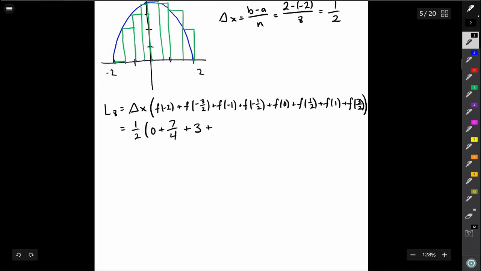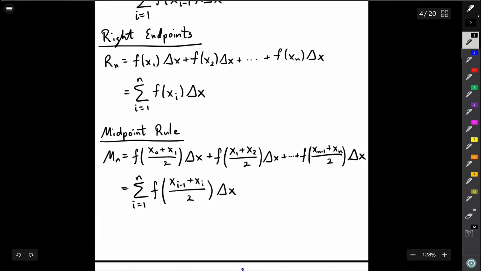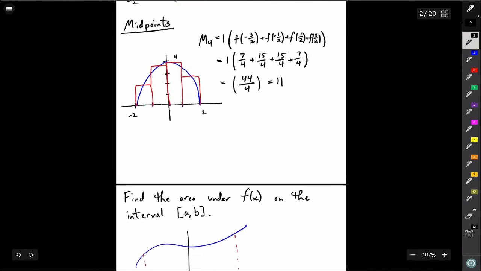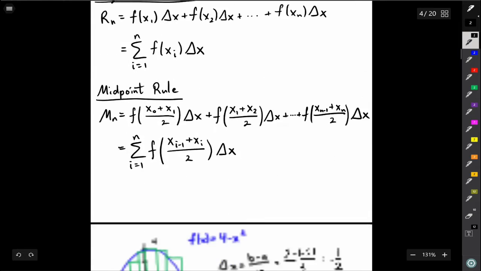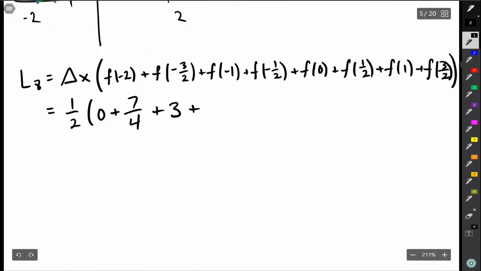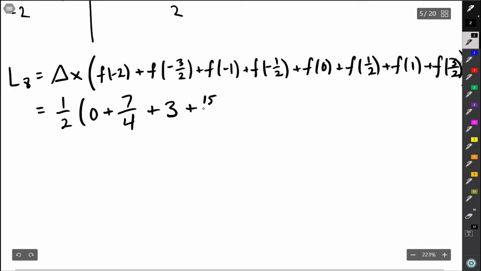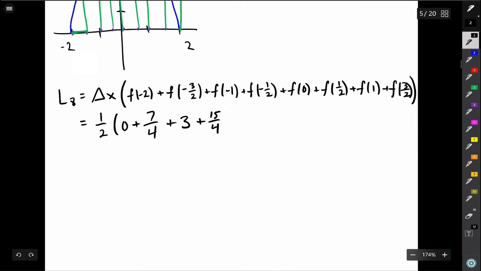F of -1/2, we did that earlier as well, is 15 over 4. Right. Let's see, that's those. F of 0 is 4. F of 1/2 is also 15/4. F of 1 is 3. And f of 3 halves is 7/4.